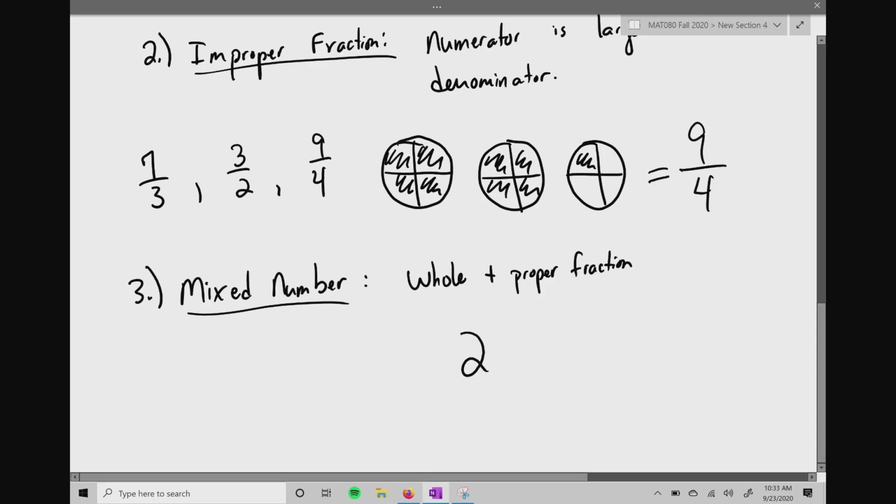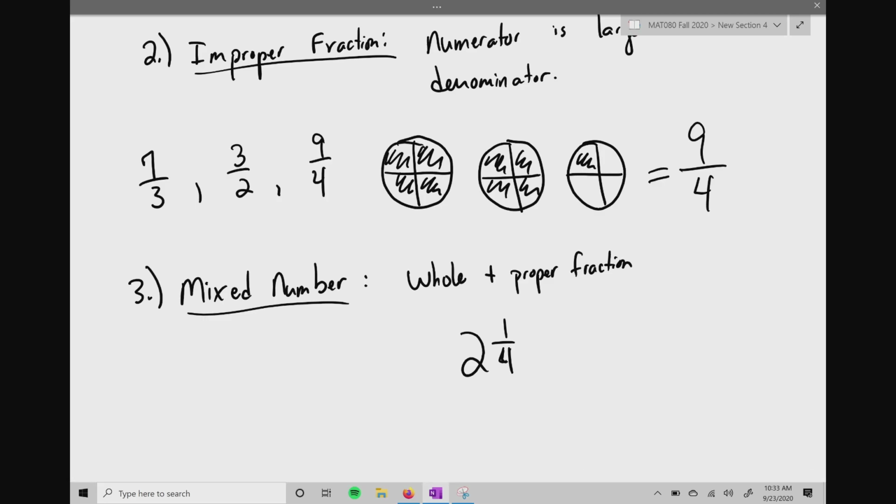Now in the third pizza, I have 4 slices, but only 1 is shaded. And there's my mixed number right there. 2 1/4. And notice the word I'm saying, 2 and 1/4. That "and" actually implies you are adding these two things together. You have 2 pizzas and 1/4 of another one. Does that make sense? Okay? How are we looking so far? Good or bad?